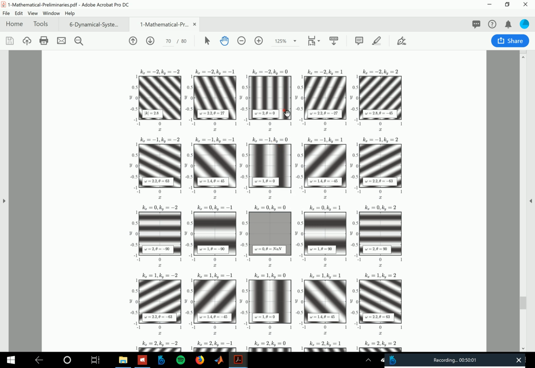So the ky parameter does not change, but the kx parameter changes.